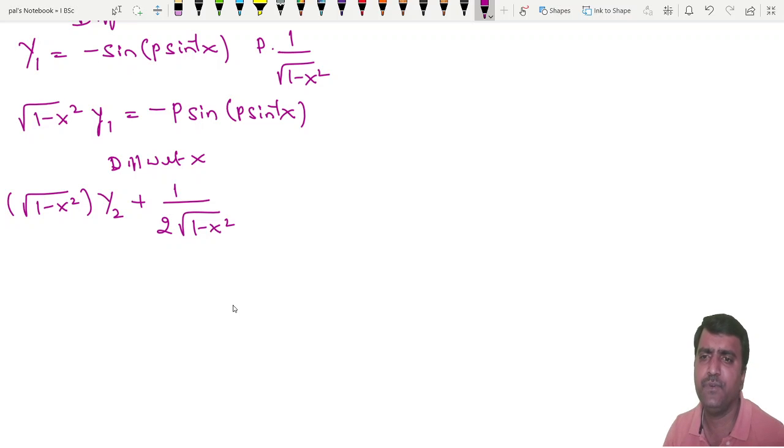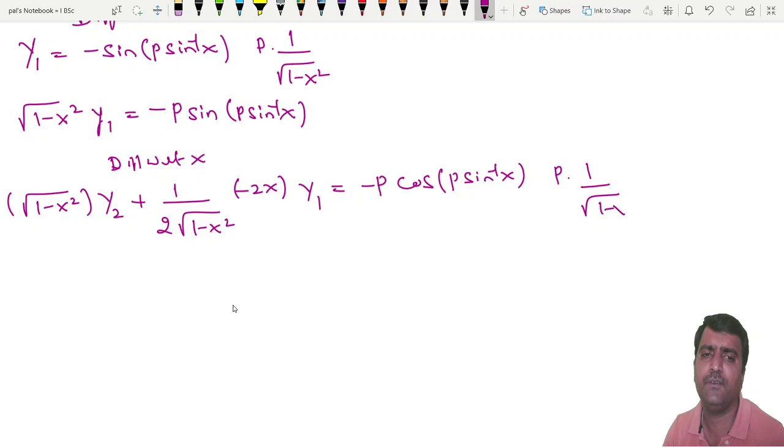Again, differentiation of 1 minus x square is minus 2x into y1, which is equal to minus p into differentiation of sine is cos of p sine inverse of x. Again, differentiation of p sine inverse of x is p into 1 by root of 1 minus x square.